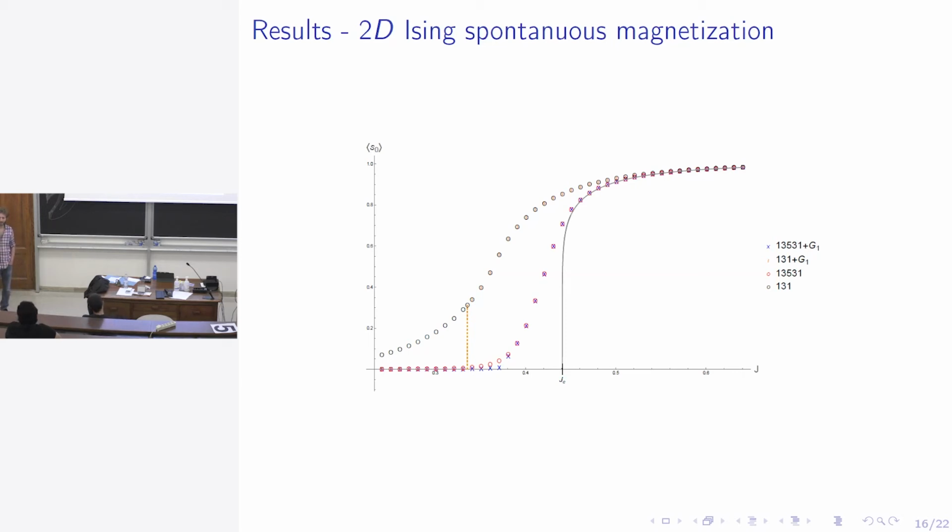Saying 0 is misleading. And you can see that the same thing happens for the 1, 3, 5, 3, 1. So we see that here the Griffith inequality is important for constraining the one spin.